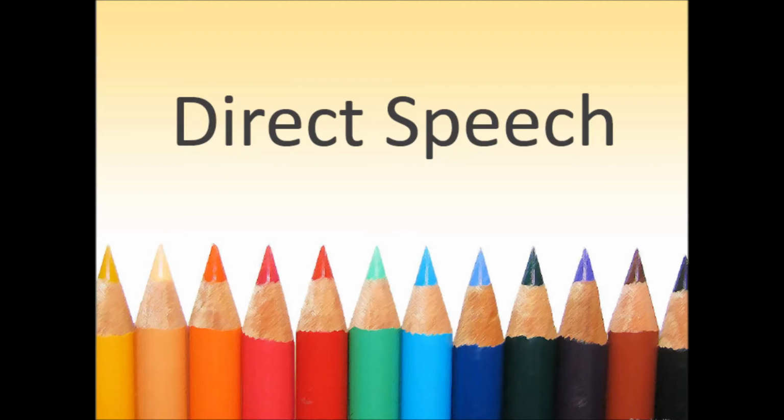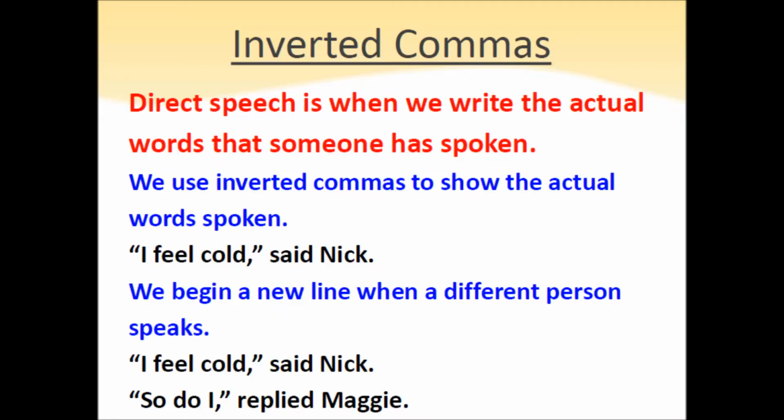Okay, so direct speech. Now, on the second page here, you can see the title, inverted commas. Up until now, we've always called those speech marks. So you know what a comma is? A comma is something that sits on the line, and as we go through speech marks, we will see that ordinary commas are used.